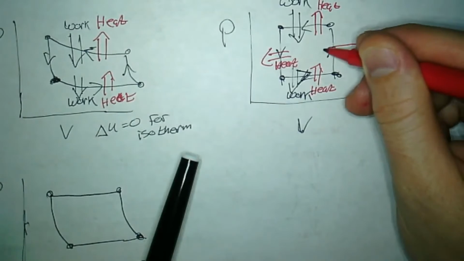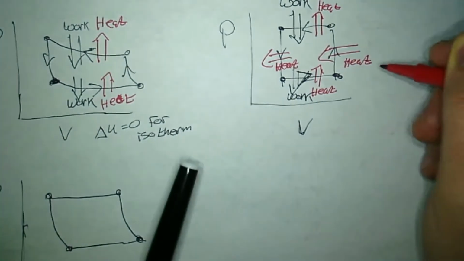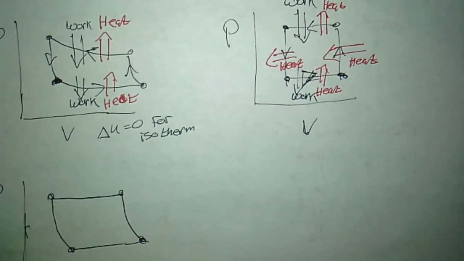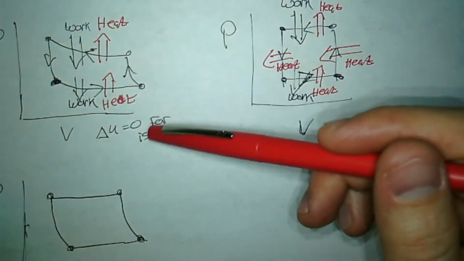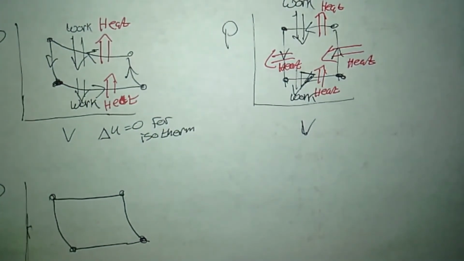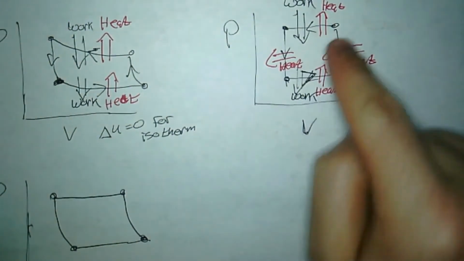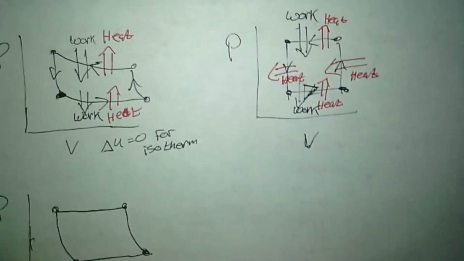The opposite is true in this one, so heat flows in. And there's no work done on those processes. We can continue this for this one too. Same idea up here, and these are adiabats, so no heat exchange. So I could just do the same processes down here.